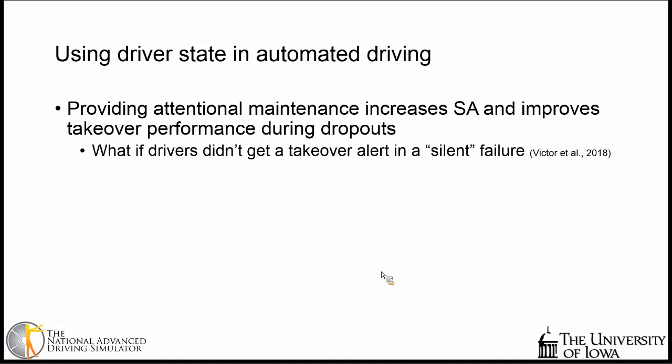The interesting gap moving forward is what happens when drivers don't get a takeover request at all, this silent failure situation where the automation thinks it's performing fine, but the driver still has to intervene. That gets back to the Tesla crash that I mentioned at the beginning.